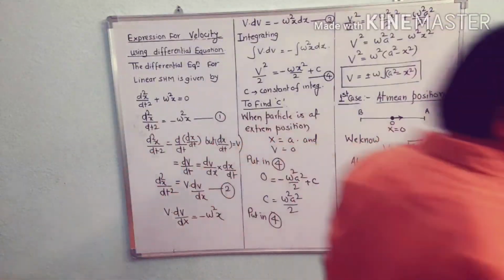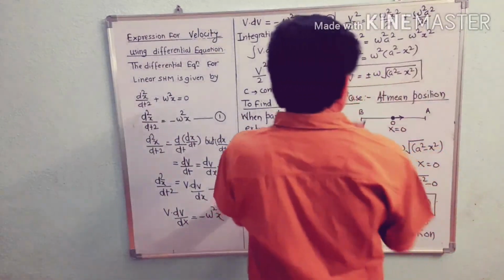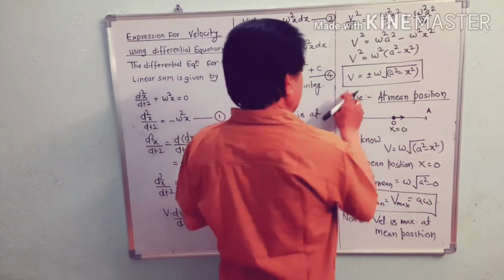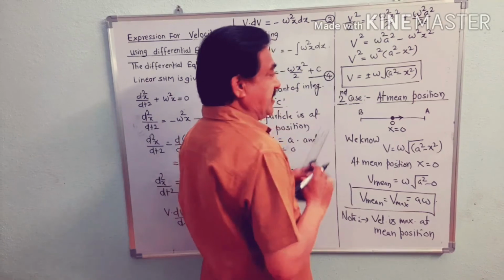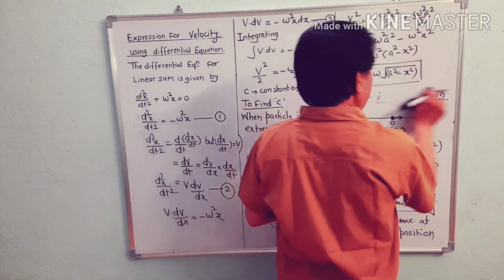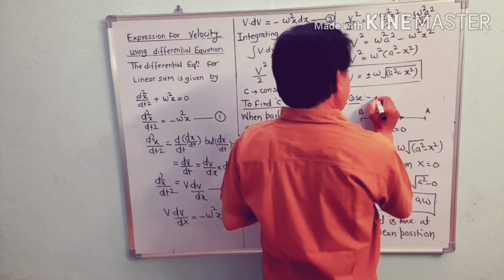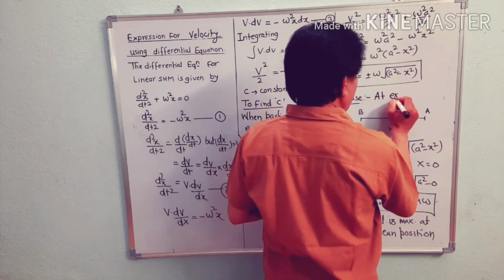आता आपण याची second case consider करूया. What is the second case? Second case is when a particle is at extreme position.